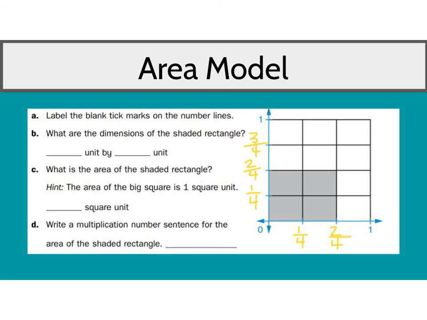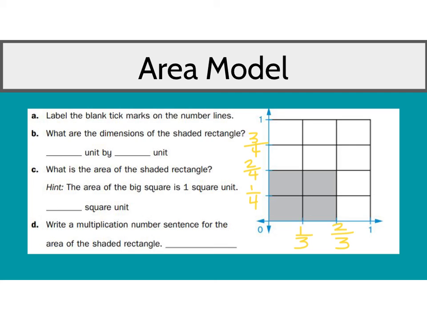Ooh, this one is not fourths. So what do we have there? We have thirds. So we're going to change that. So this will be 1/3, 2/3. All right, that changes things just a little bit there.